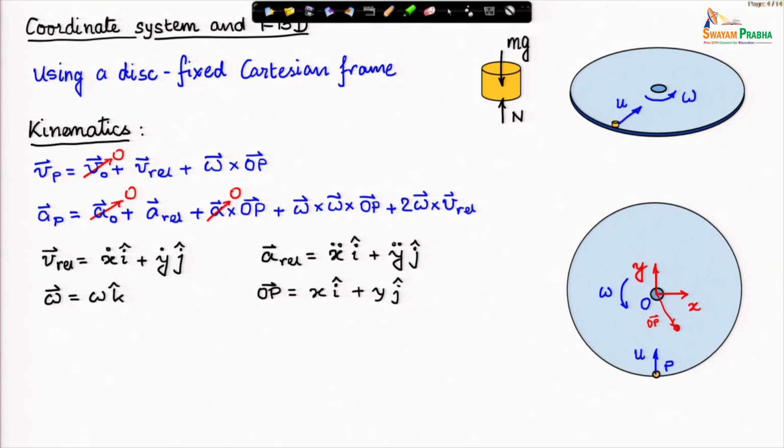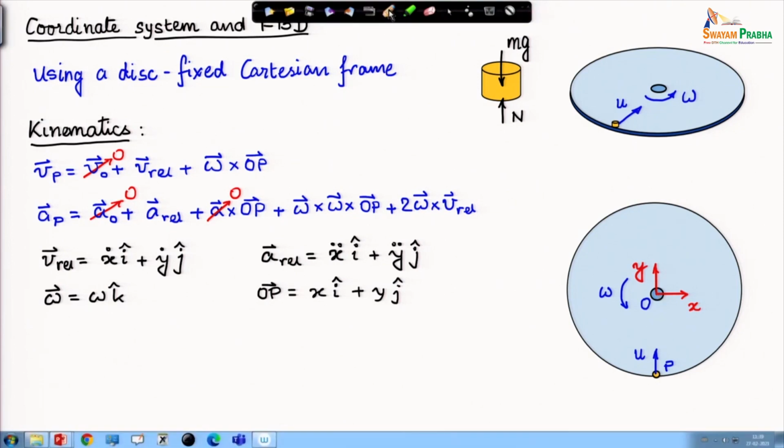Now, I represent the relative velocity etc. as measured by this disc based observer who is using this xy coordinate system. The vector OP, let us start with this, is nothing but x i cap plus y j cap. This is as seen by the observer on the disc.